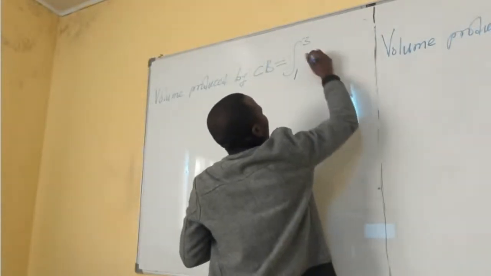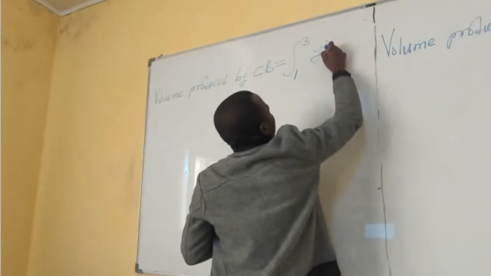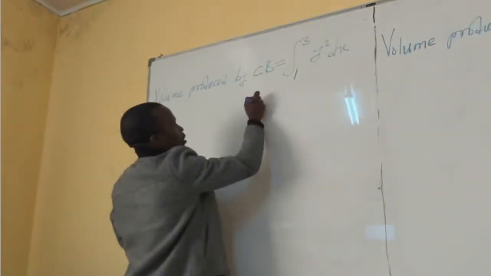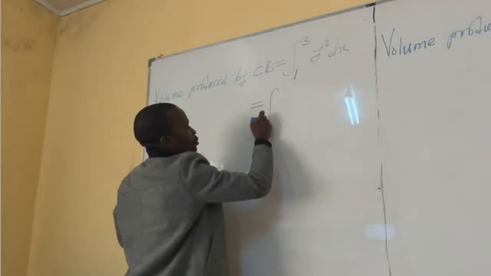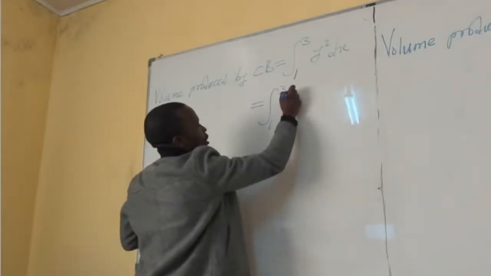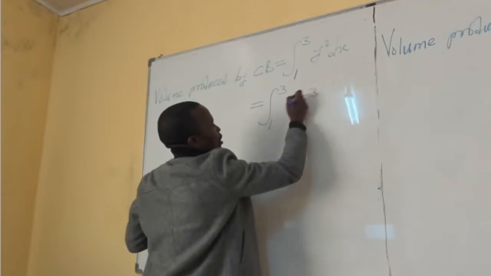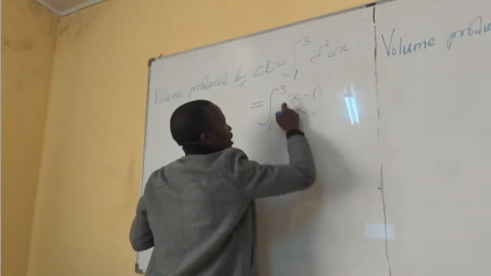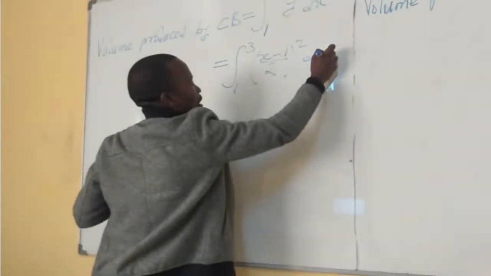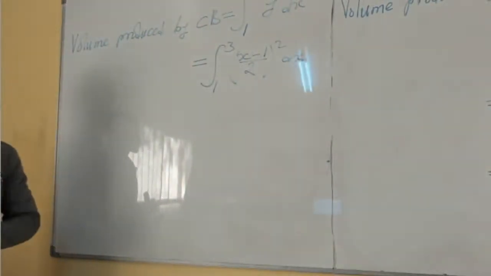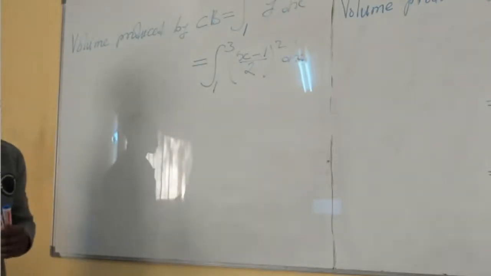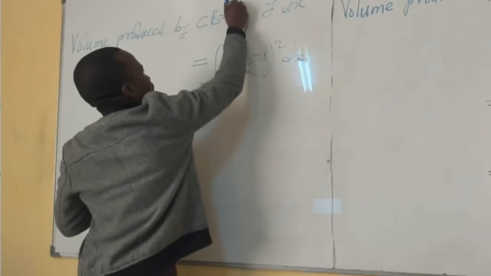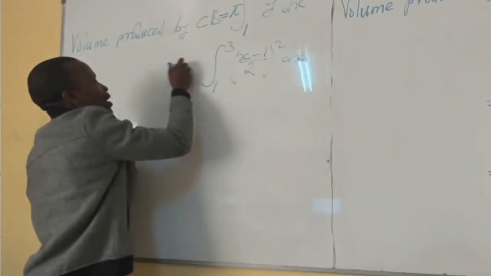First we start with y squared dx, of which this is equal to the integral from 1 to 3 of ((x minus 1) over 2) everything squared dx. So when we expand this, sorry, I'm forgetting the pi, and here also pi.